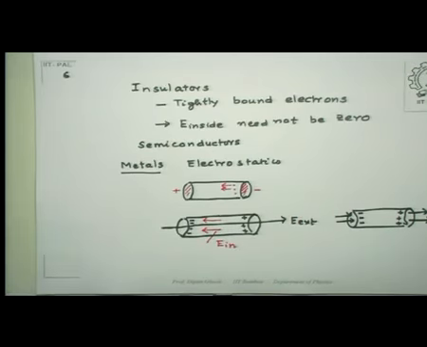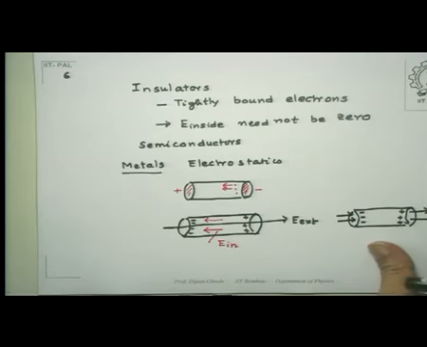So basically the electrons are moving from the right to the left, creating an effective electric field, and that exactly cancels the external field that we had put the material in, and the net field inside in a static condition is equal to 0.